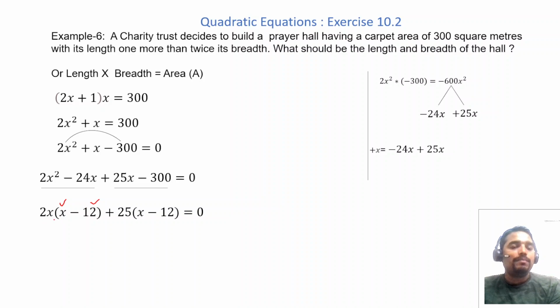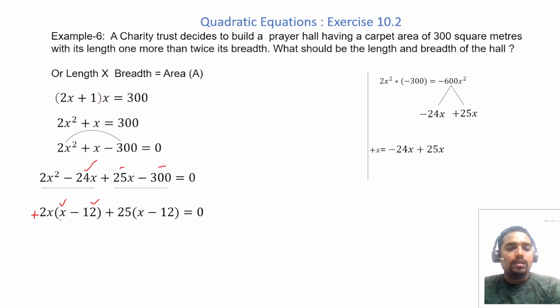If you multiply back these two, 2x into x is 2x square, plus into minus is minus, 2x into 12 is 24x. Similarly, out of the third term and the fourth term, 25x minus 300, if you take 25 common, then x minus 12 is left, equals 0.